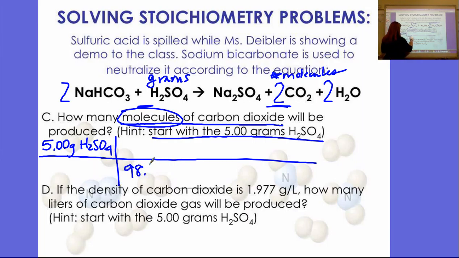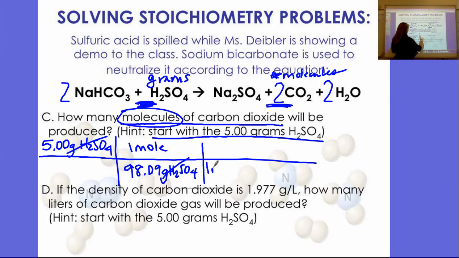So I need the 98.09 grams. The molar mass of sulfuric acid gets me to moles. My ratio, 1 to 2. Putting the 1 on the bottom, because that's where I'm at.